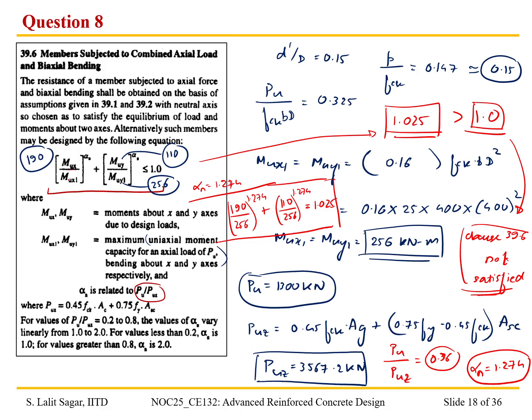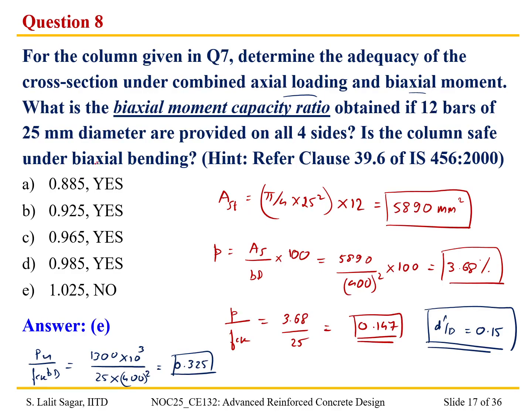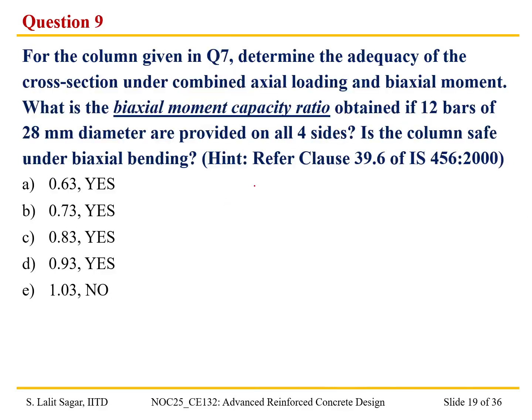The only way is to provide, instead of 12 bars of 25 diameter, 12 bars of 28 diameter. That is one configuration. There can be multiple configurations to increase the cross-sectional area of the reinforcing steel. That is the next question actually.